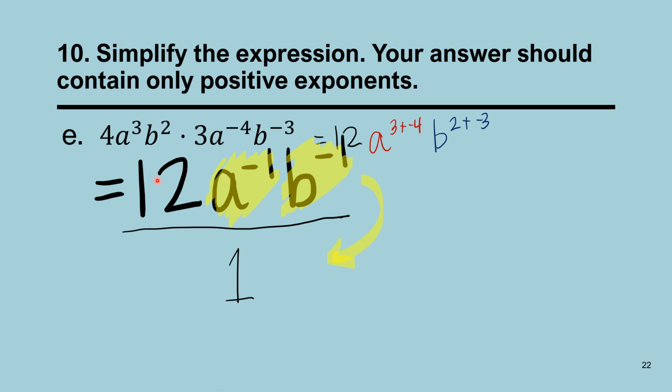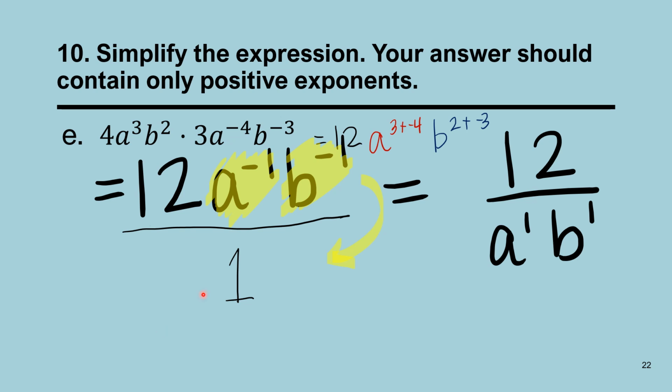The 12 stays where it is. It does not have a negative exponent, so it does not need to get moved. That becomes 12 over a to the 1, b to the 1. So the exponents have now become positive, and we don't have to write the ones. We can leave those off. So that would be 12 over a times b.